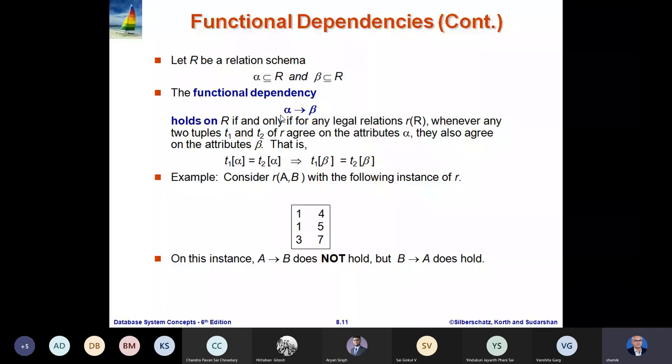That is, T1 alpha equal to T2 alpha will imply T1 beta equal to T2 beta, where T1 alpha means the values of tuple T1 for the columns that are there in alpha, and likewise for beta. So this is what we had discussed, and this was some example.